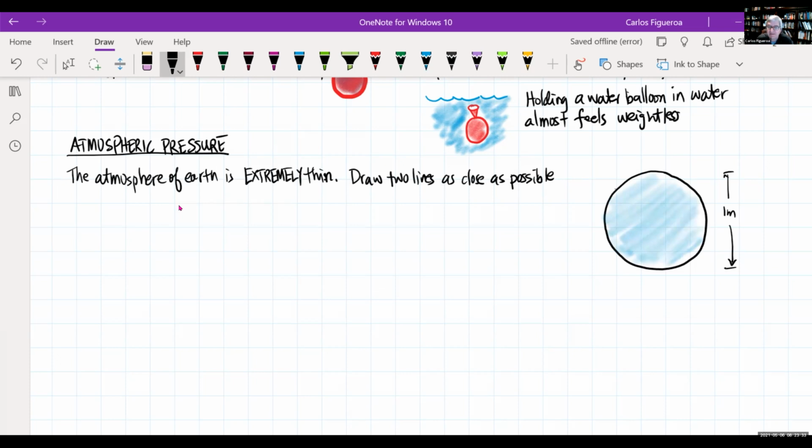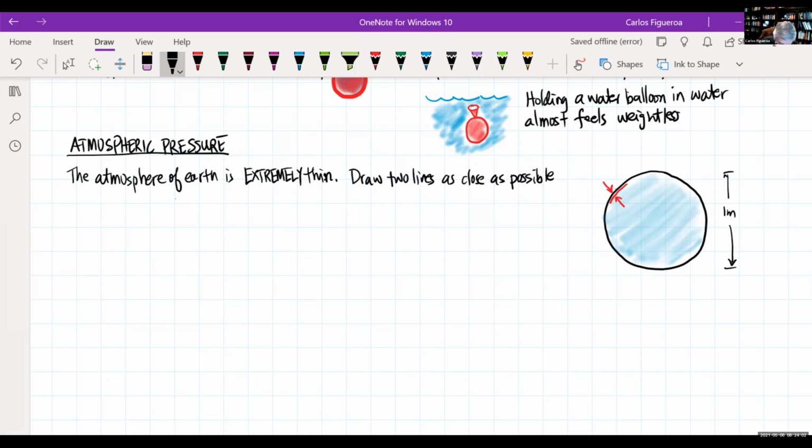So typically in a classroom, I would literally measure this out. And it's a huge circle, right? It's a very, very big circle. And then what you need to do here is come back and get as close as you can to the other line. So what we're talking about here is the space between these two lines.